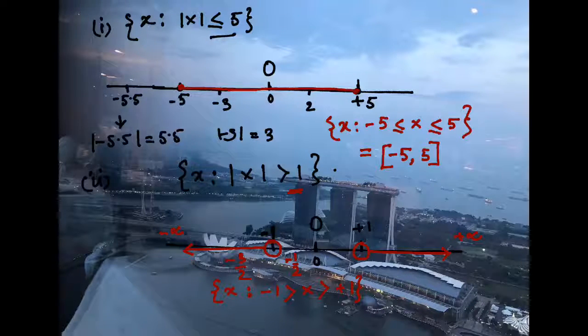In interval notation, as it is infinity, it cannot touch, so open third bracket, and minus 1 again open third bracket, union in the same manner, or we can use the first bracket as well, 1 to infinity, positive infinity.